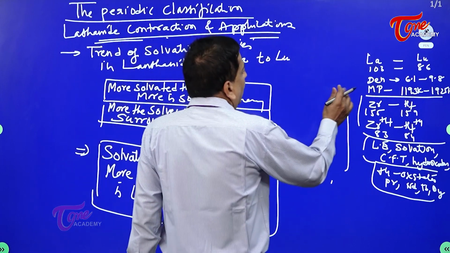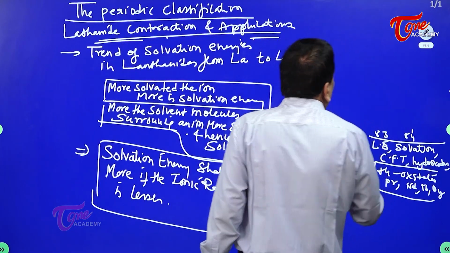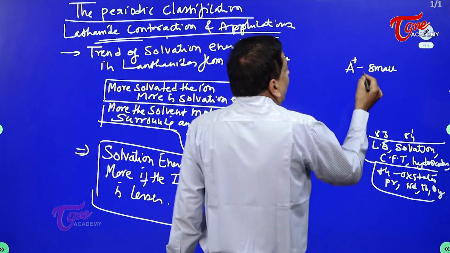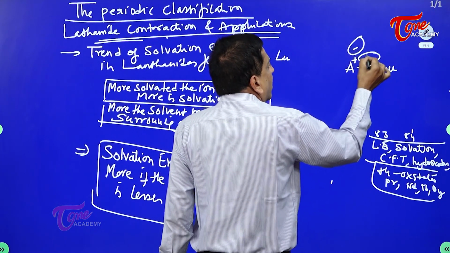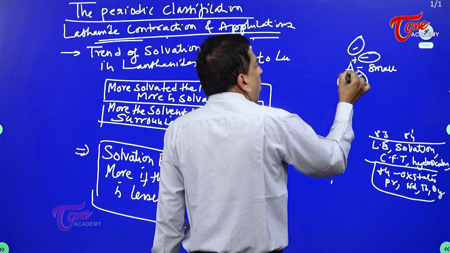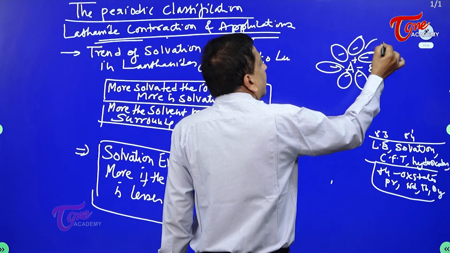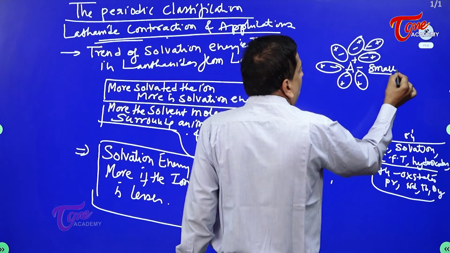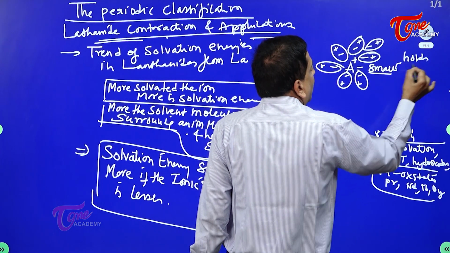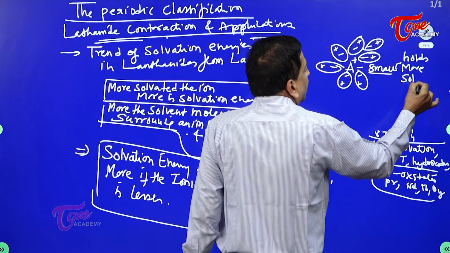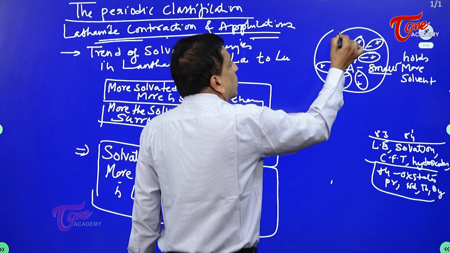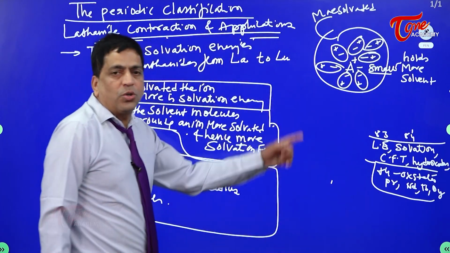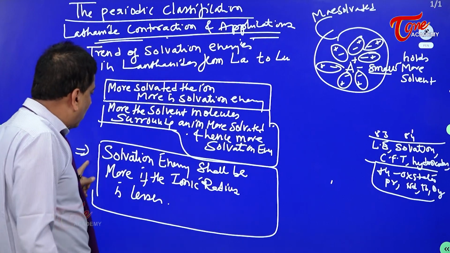So if this cation is small, then the number of water molecules surrounding it will be more. You must understand. If it is small, it holds more solvent molecules. Then I call this more solvated. So it's all about solvation energy.